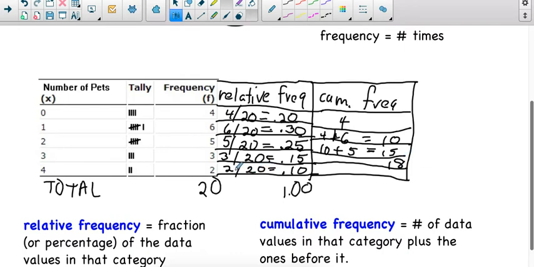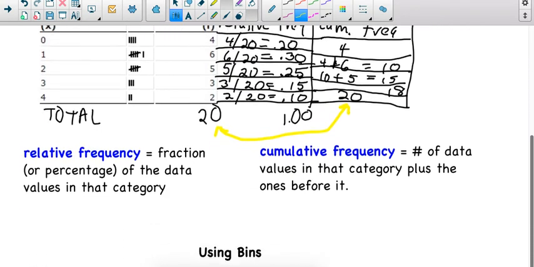And this last one is going to be 18 plus 2, and I'm going to get 20. So the total here, of course, is 20. These two things are matching, right? When I'm doing the cumulative, they better match.